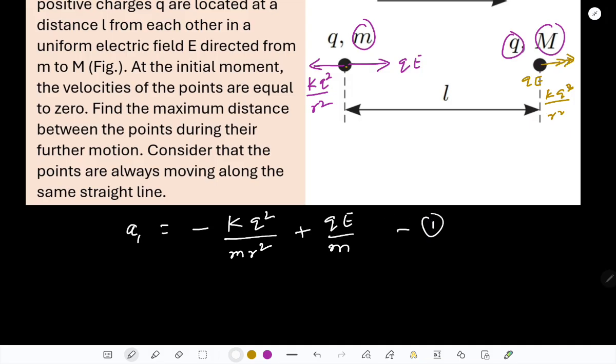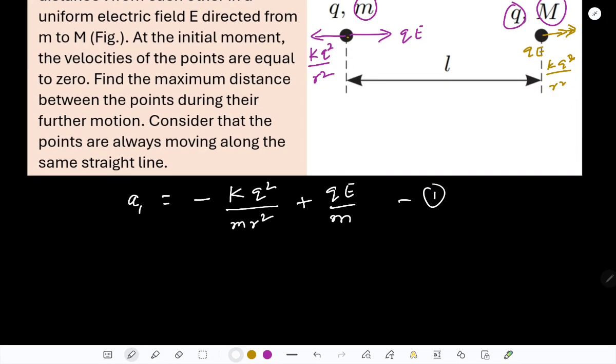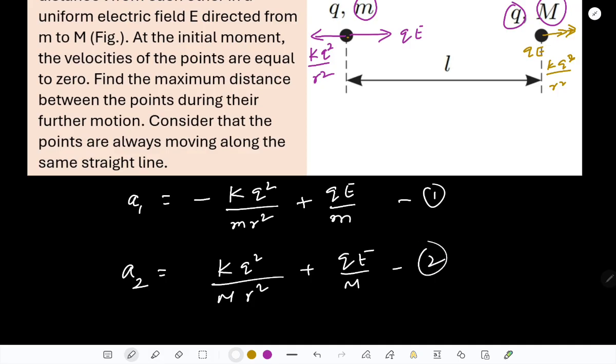Write this down as equation 1. In a similar manner we can define the acceleration of point mass capital M, a2, and it will be kq square by r square capital M plus qE upon capital M. So we have the accelerations now.